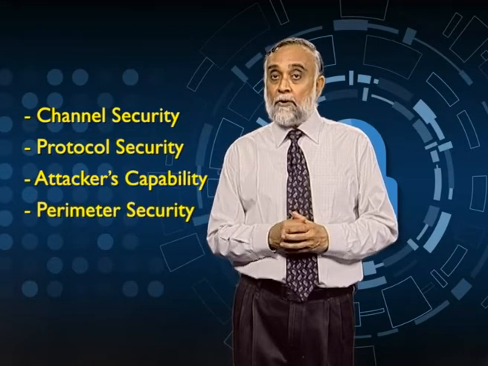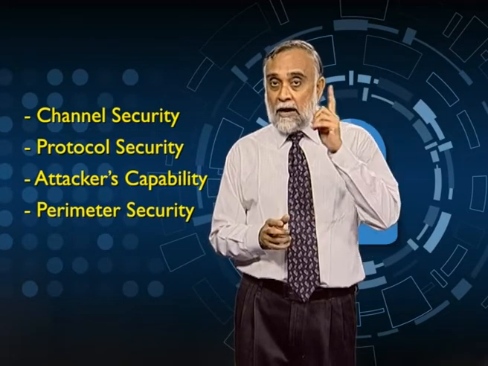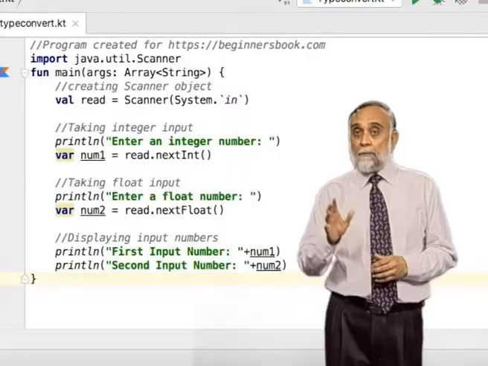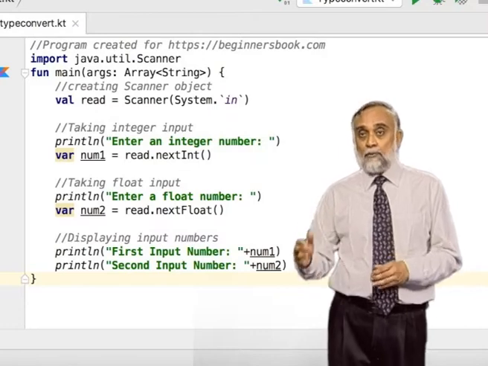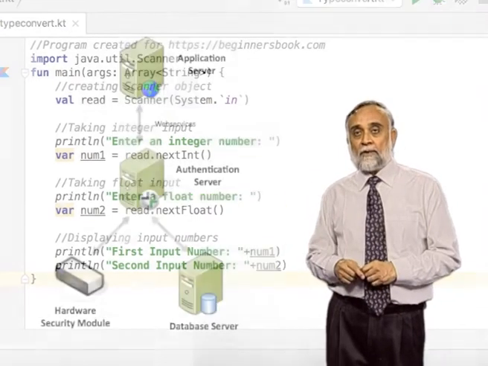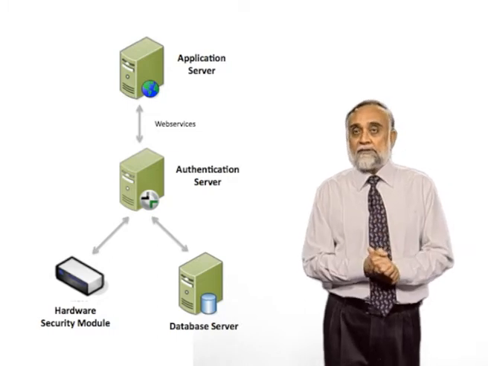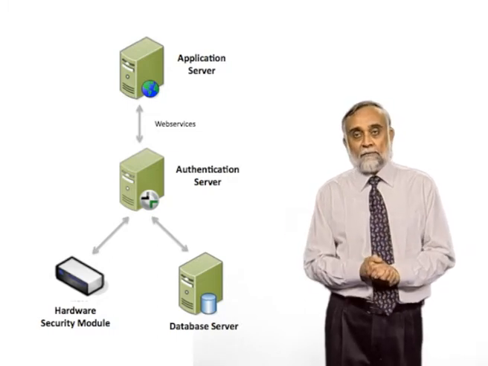network security, it brings many things into context, namely channel security, protocol security, attackers' capability, perimeter security, and so on. For instance, when we run an application on a web server, the application may take input from users, it may interact with the other server, for example, authentication server or database server.